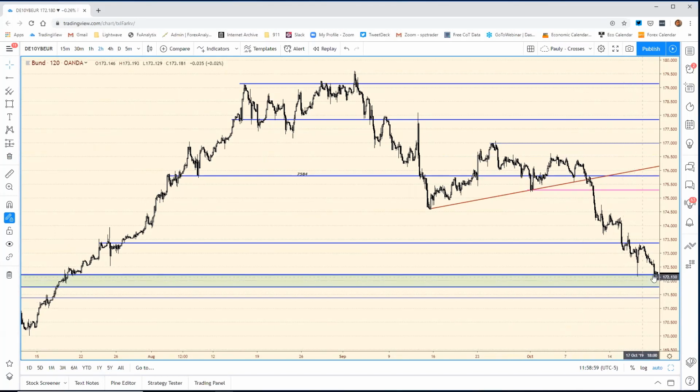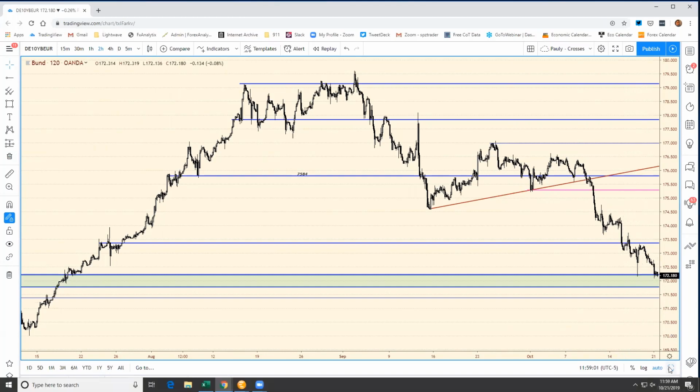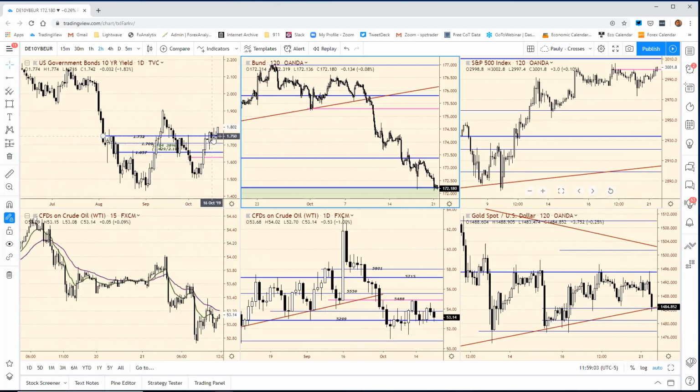So that's keeping the bunds from rallying. Obviously, you can see here, look at the 10-year yields, 180. That might be dragging a little bit on the euro because obviously 10-year yields are stronger, dollar supportive. But with these bunds lower here, there's still a chance for the euro to eventually make one more move higher. But keep your eyes on these bunds.